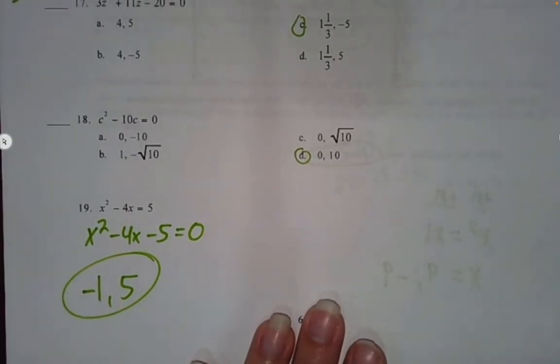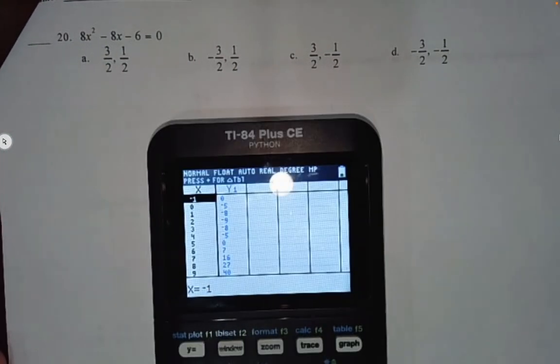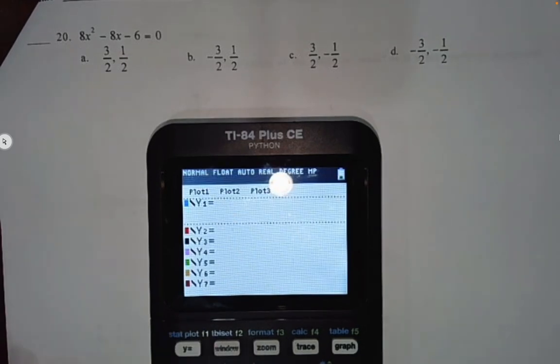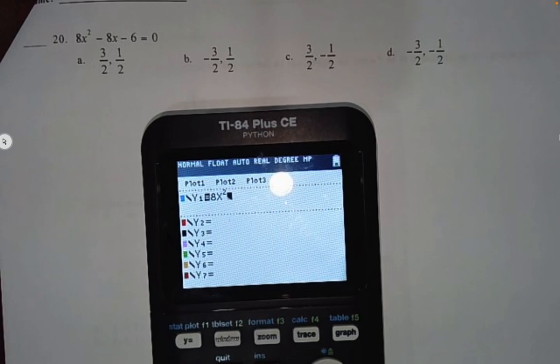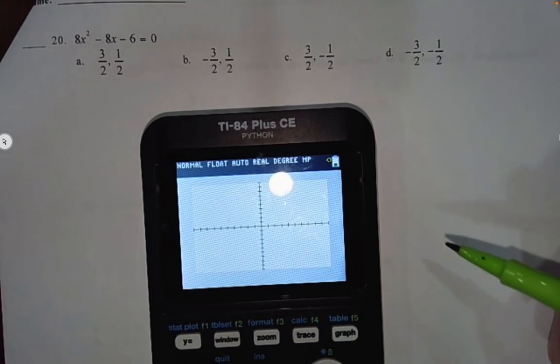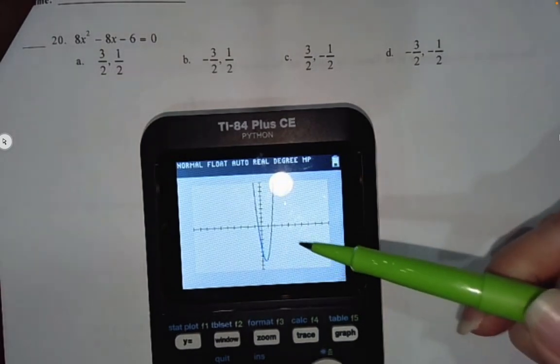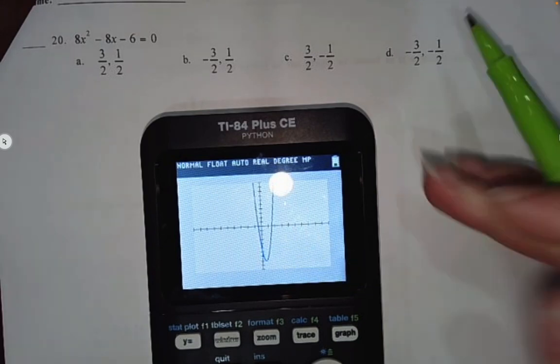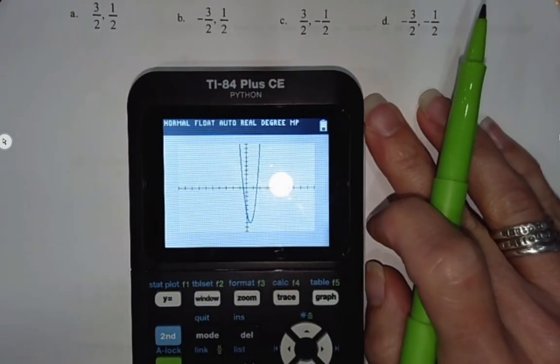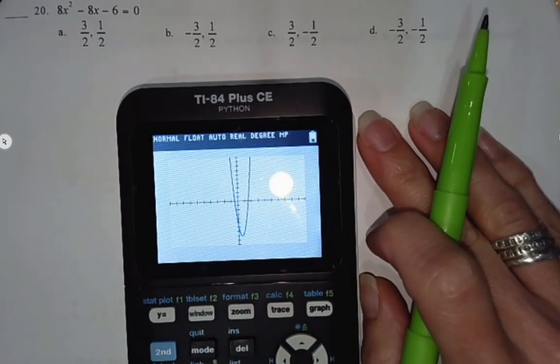Our last one. Are we ready? All right, this one, same thing. Let's graph it. 8x squared minus 8x minus 6. This is clearly some decimals, right? I can't look at my table because my table doesn't have decimals.